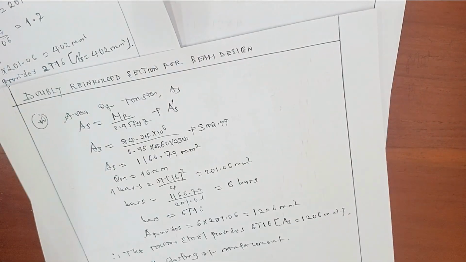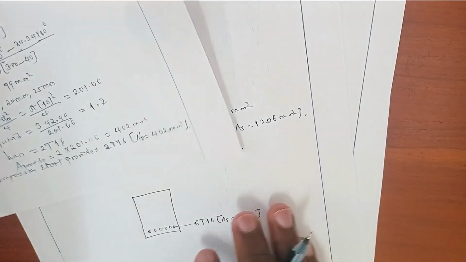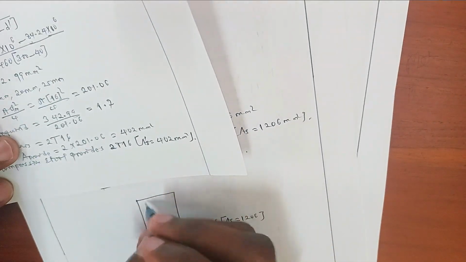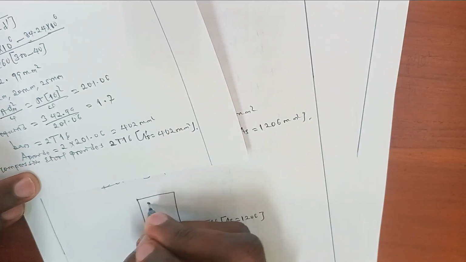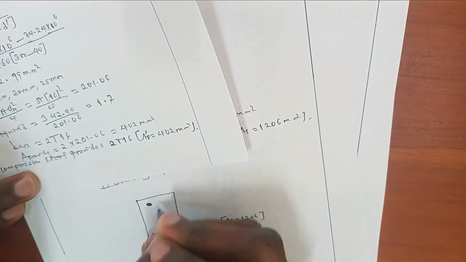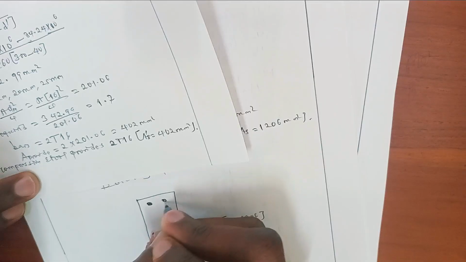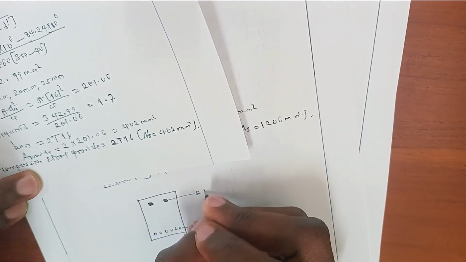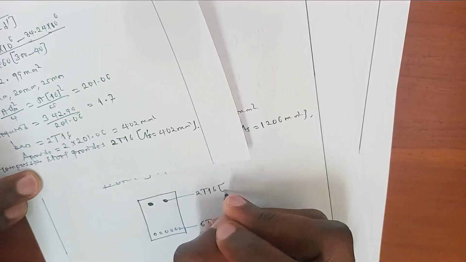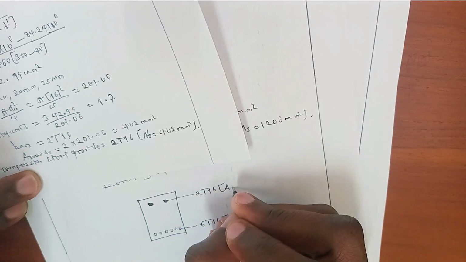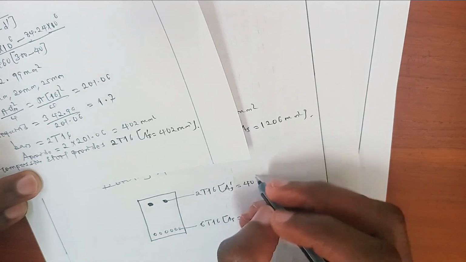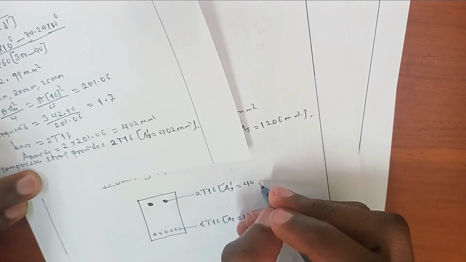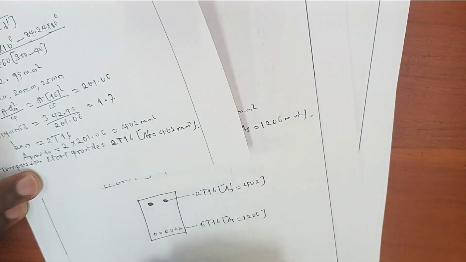The compression steel was provided. It was 2 bars provided at the top, so it will be equal to 2 bars, with a diameter of 16, which gives the area of compression, which is equal to 402 millimeter square.